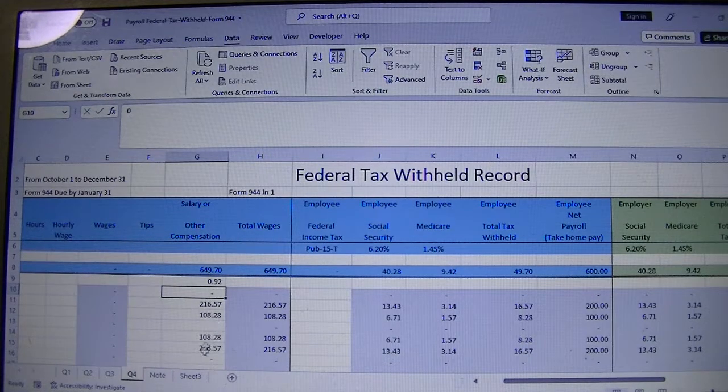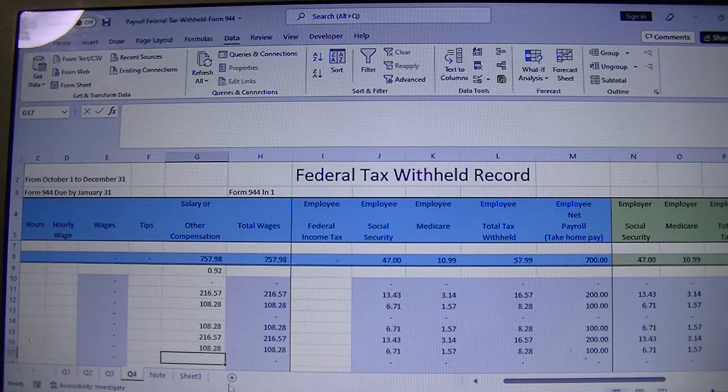So if we try another example again, equal 100 divided by that, and it will give us 108.28. So that's one way to do it.